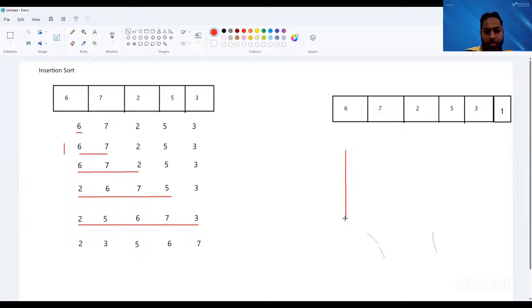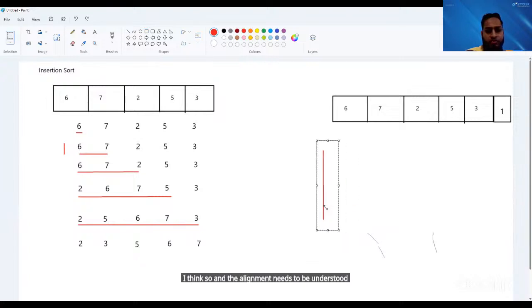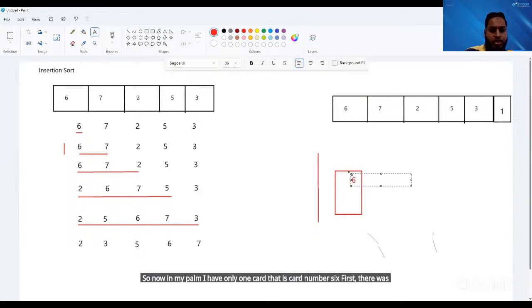I need to keep an eye on that also. And now in my palm, I have only one card. Okay, and the alignment needs to be understood very clearly. So now in my palm, I have only one card, that is card number 6, because there was no comparison to be made.